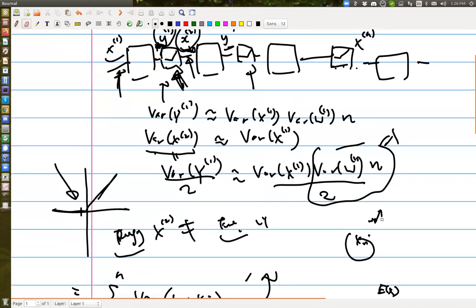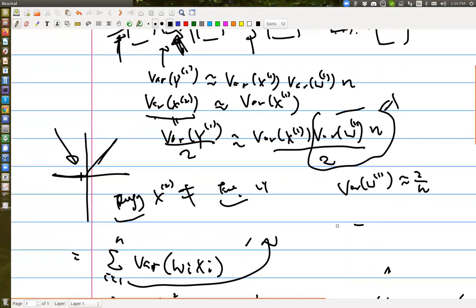In other words, I want the variance of w to be approximately 2 over n. So you can initialize this maybe as a Gaussian, a normal random variable, and then adjust the range to be 2 over n. And this is an appropriate weight initialization.